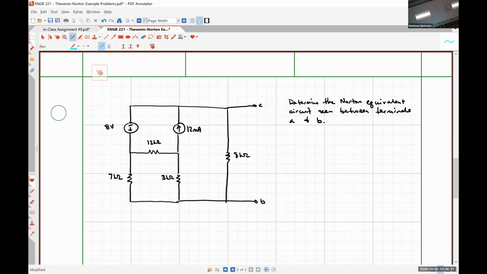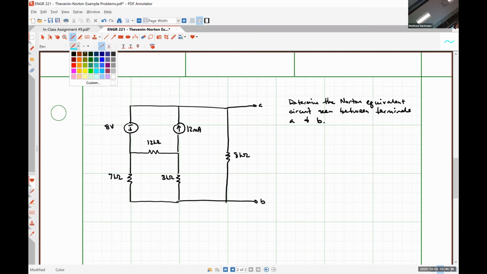In the previous problem, we were asked to find the Thevenin equivalent with respect to a particular component. That's why we had to take a component out. In this case, we're looking for it with respect to a pair of terminals, so we don't need to take anything out of the circuit at all, right? So I want to be really clear about that.